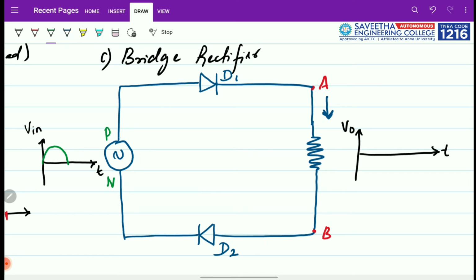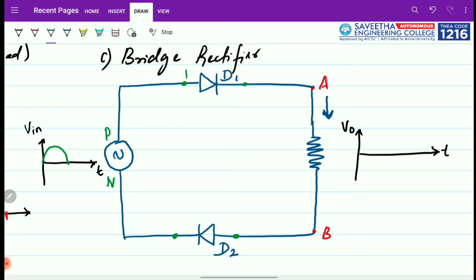So you can understand that the diode D1 anode is connected to the phase, which is at higher potential, and the cathode is connected to the neutral side. Similarly for the diode D2, the anode is connected again to the phase, and the cathode is connected to the neutral. So both are forward biased.